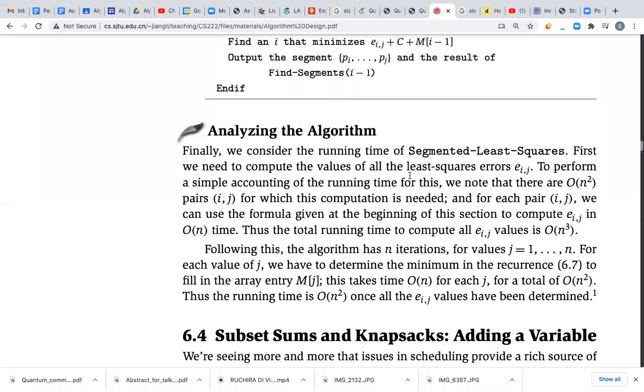I didn't understand the exact process, but the problem was that to compute some Eij, we take order of n cube time. And in a footnote, they have said that by using some special techniques, we can compute it in order of n squared time, which would make the entire process faster.